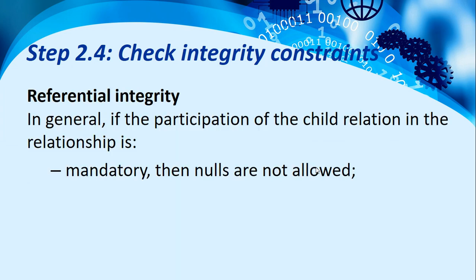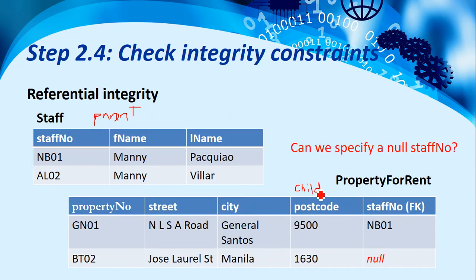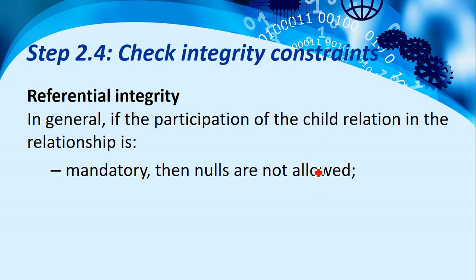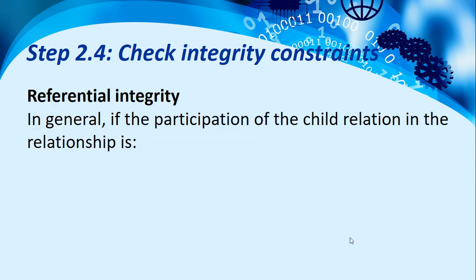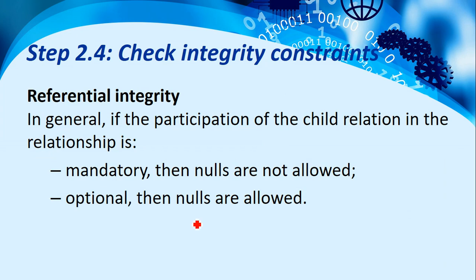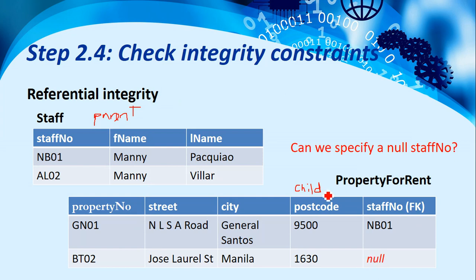So according here, if mandatory yung participation ni child, in this case si property for rent, nulls are not allowed. Kung ano talaga lahat ng properties may staff siyang pagmamay-ari, wala siyang null. But if optional, nulls are allowed. Now, if we allow this, dapat yung property for rent optional lang yung participation niya.